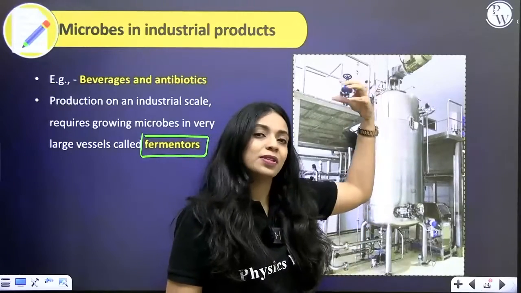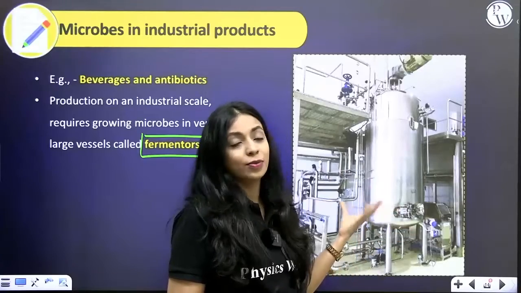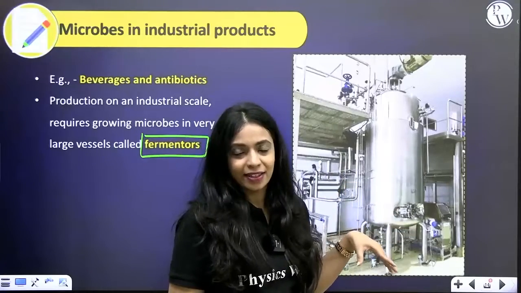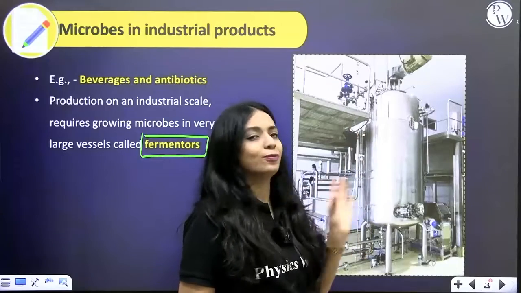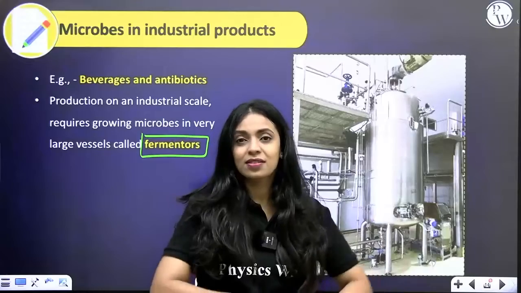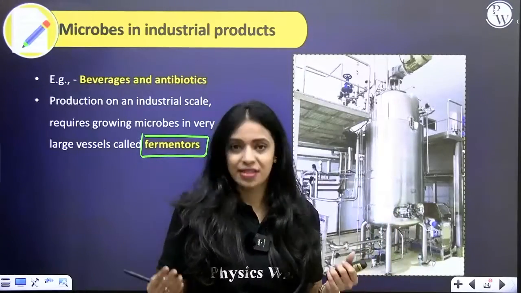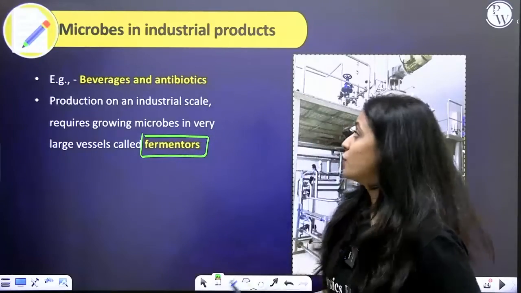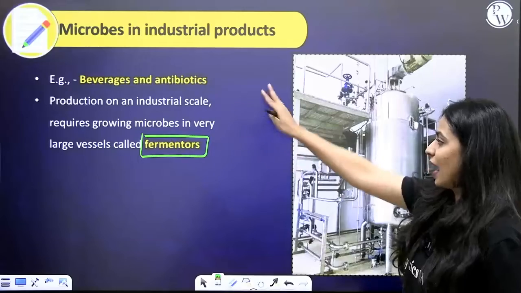If the nutrient medium is used up, how do you remove it? If you need more nutrients, how do you add them? If the product of your interest is produced, what is the way to remove it? You have provision for all of that in these fermenters, and by making use of them, huge amounts of products can be obtained on a large scale. So microbes are used in industries as well to obtain products like beverages and antibiotics.